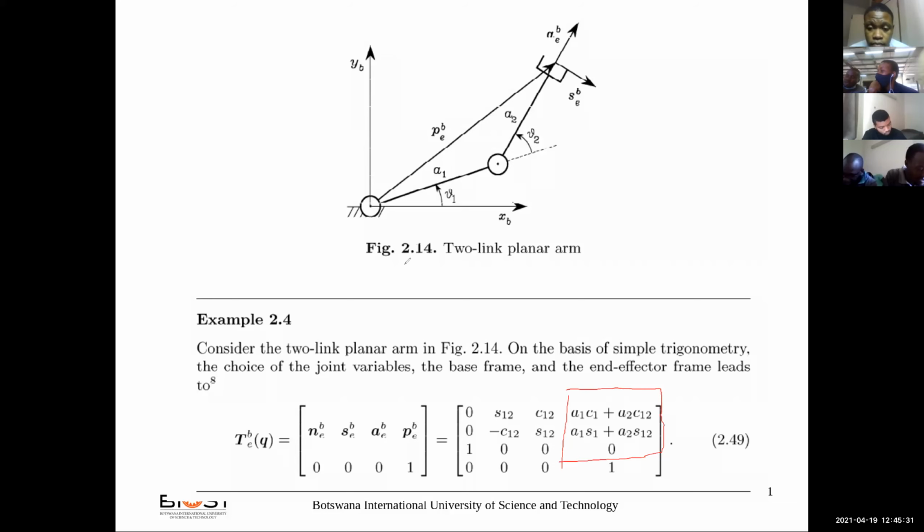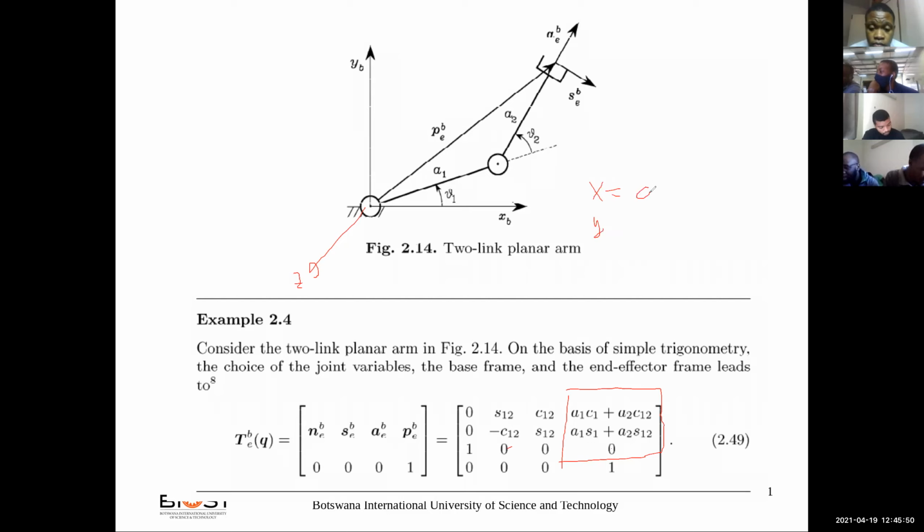Okay, so the z-axis is here. The z-axis is 0 all the time. So here is 0, it doesn't move in terms of the z. And then here, remember, this is the position that we are trying to do, the x and the y position, which is what?